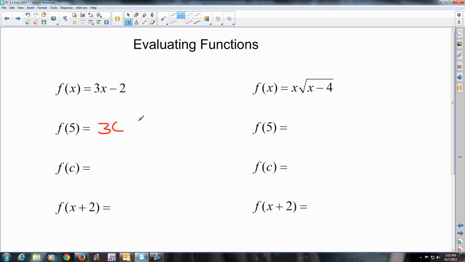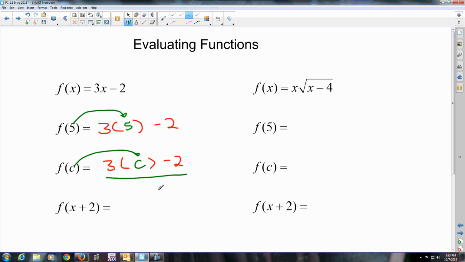Write your function first without the parenthesis, and then fill into it whatever is in there here. Now you may think that's awfully tedious for something as simple as that one, but trust me, for some of the harder ones, you guys are going to be like, not so bad. It actually worked. So write the function first, then worry about what you're filling in. So 3c minus 2 would be your answer.